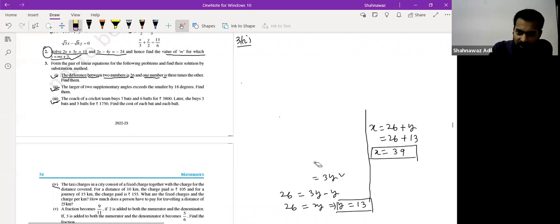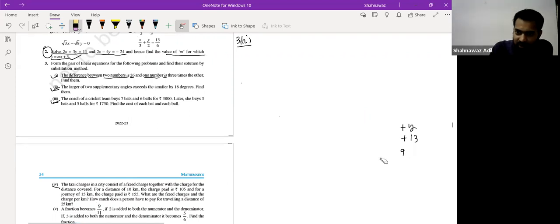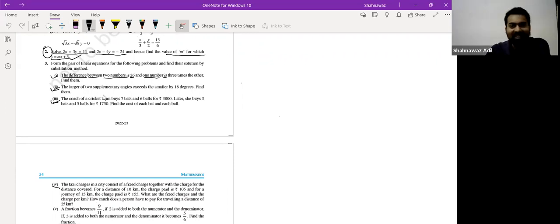Let me give you a hint. There are two terms, complementary and supplementary. Does this ring a bell? Yes, 180 degrees.